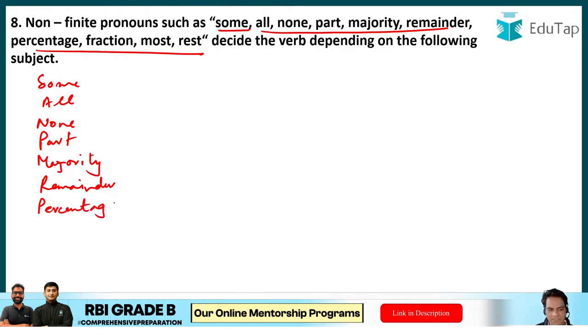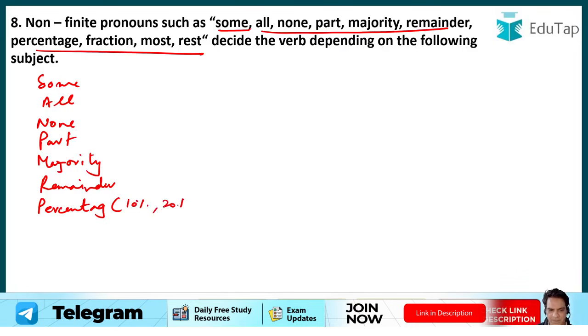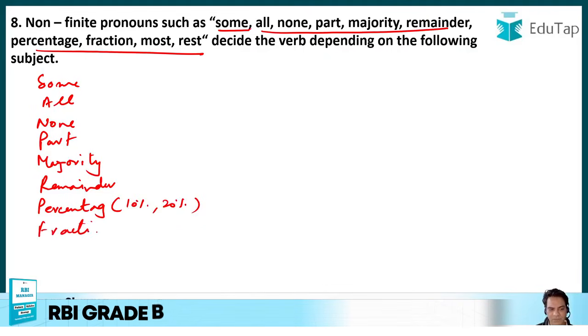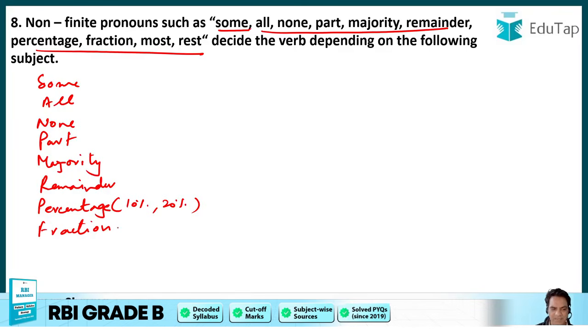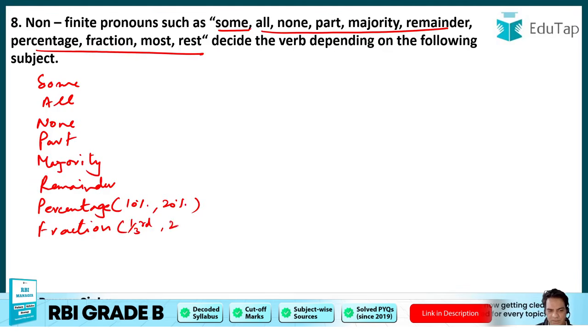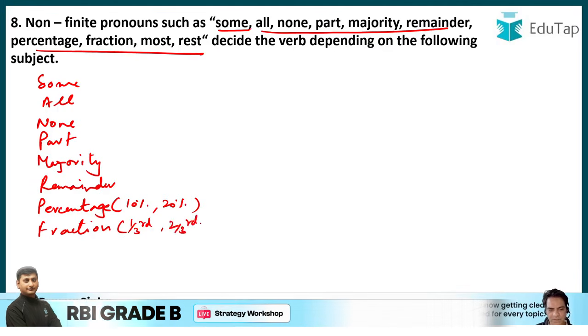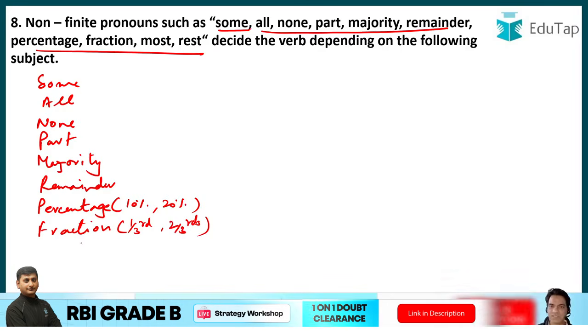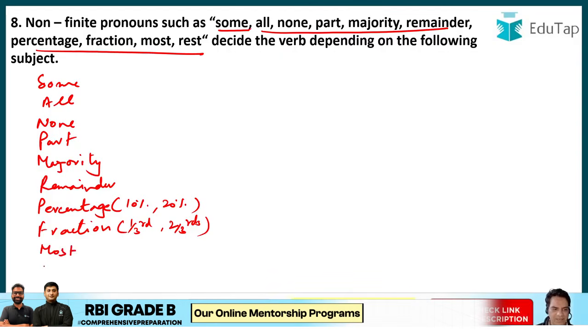The percentage that we use in mathematics, 10% or 20% or 30%. This is what I'm talking about. Fraction, again, I'm talking about what we use in mathematics. For example, 1/3 or let's say 2/3. So if such fractions are used: some, all, none, part, majority, remainder, percentage, fraction, most, and rest.